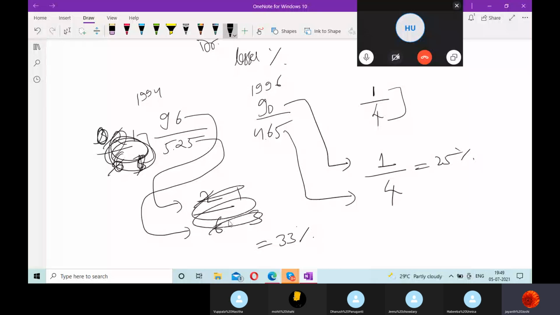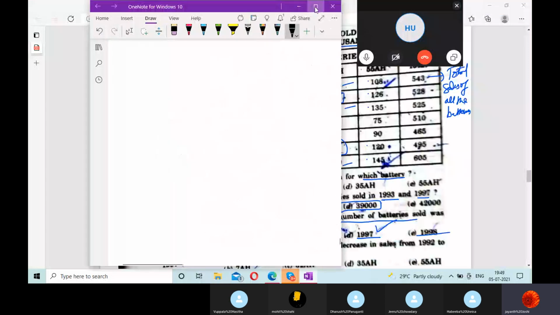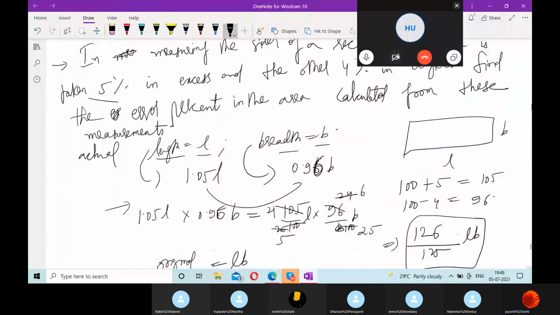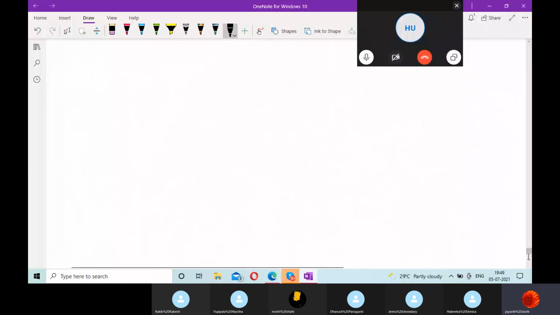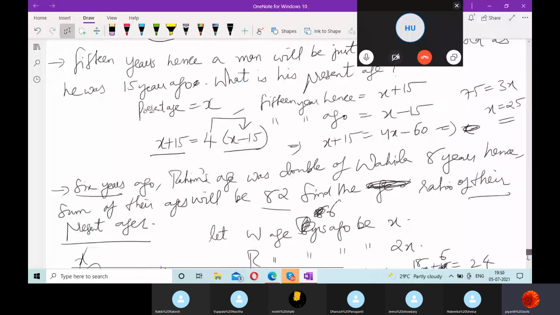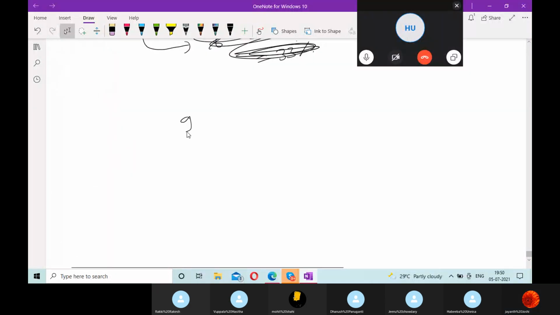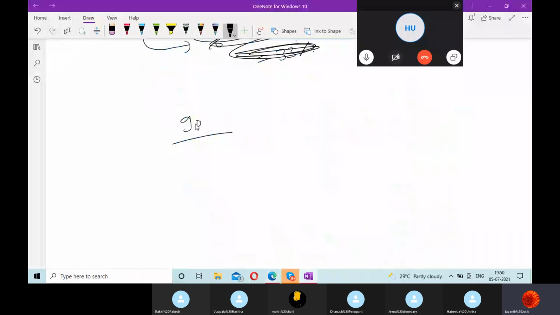Okay, let us not assume this. This assumption won't work. See, one more assumption is there. If you follow that one, it will be okay. Let us take assumption number 2. 96 by 525, 90 by 465.